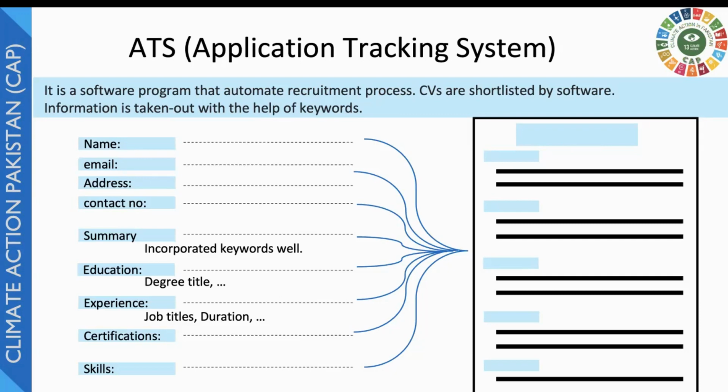But it cannot pick from every format of CV, because it is an artificial intelligence based program. It can only take several kinds of patterns and several words. If your CV is not in that format, it will pick your wrong information, and you will not be shortlisted for the job.